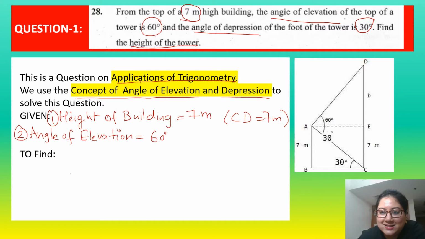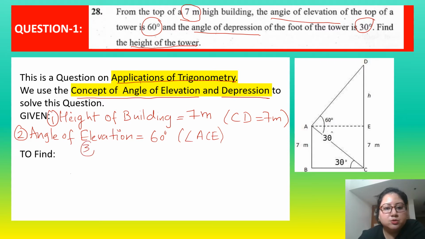So angle ACE, let me write here, angle ACE from the figure is your angle of elevation. Whenever it is angle of elevation, let me remind you, you need to increase your eye level. You need to watch on the top and move your neck a little bit so that you can elevate it and mark the angle of elevation.